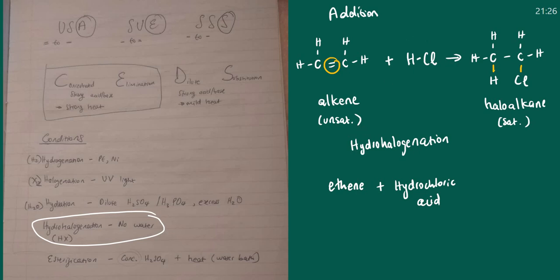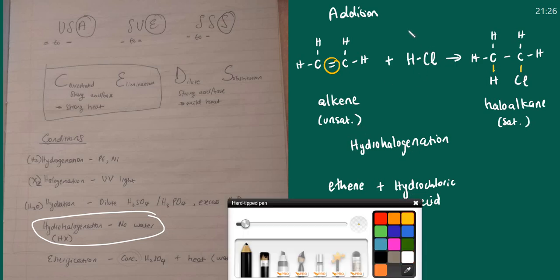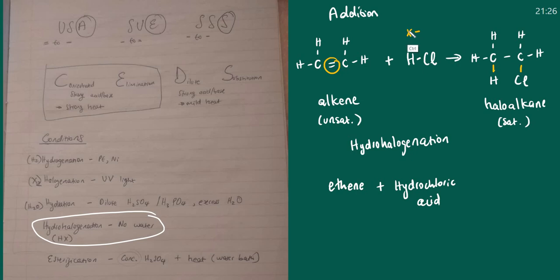Usually we say that if you are adding H and X to an alkene, you're going to form a haloalkane, whereby X is a halogen. So from this to that type of reaction is a hydrohalogenation, because you have put a hydrogen bonded with a halogen.